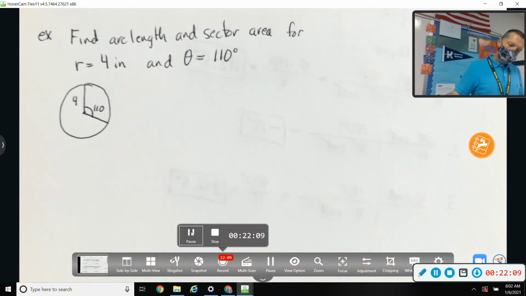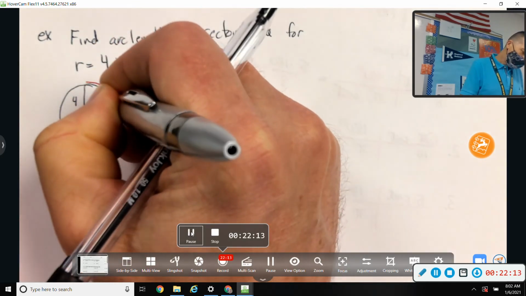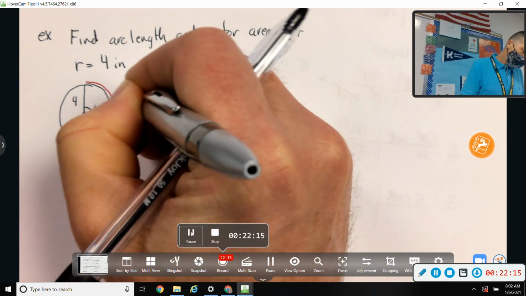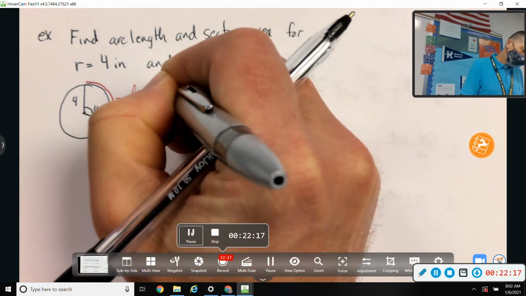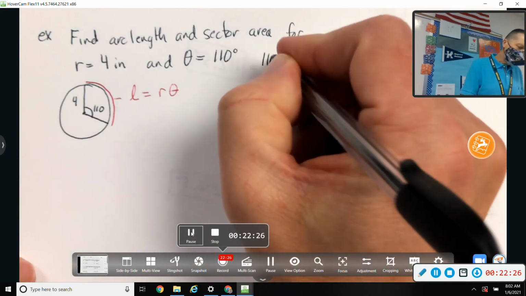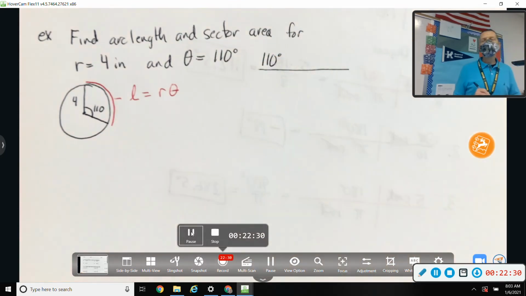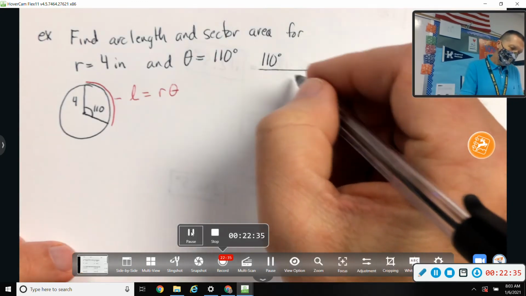Alright, so I want the sector length, or excuse me, the arc length. Arc length equals r times theta. Except that theta's got to be in radians. So I need to change 110 degrees into radians. We know how to do that. That's what we did in the first part of this lesson. So let's see.